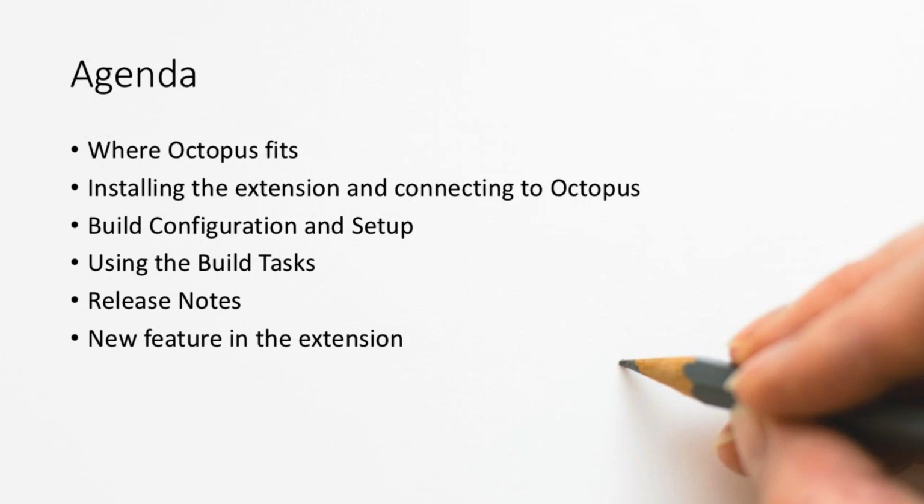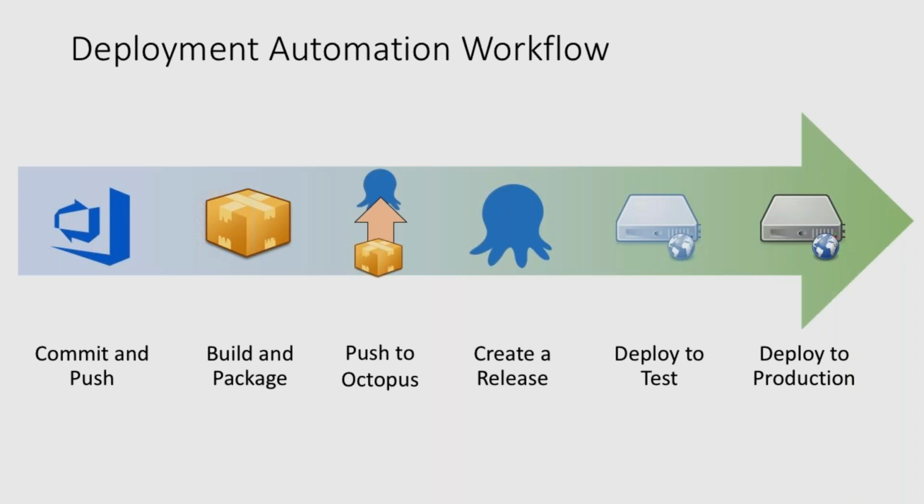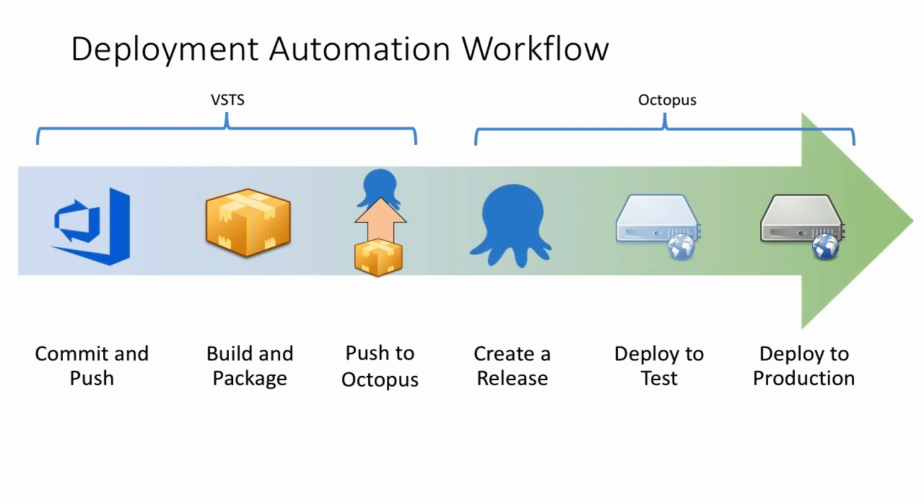So let's talk a little bit about where Octopus fits in this pipeline, and also where VSTS fits. This is the slide that I usually show people when I talk about the pipeline with Octopus, especially with VSTS as well. And you'll notice a nice shiny logo that's got an update right at the start there. The general process for developers, they use VSTS and VS to work on their code, commit and push it, and then there'll be a build process.